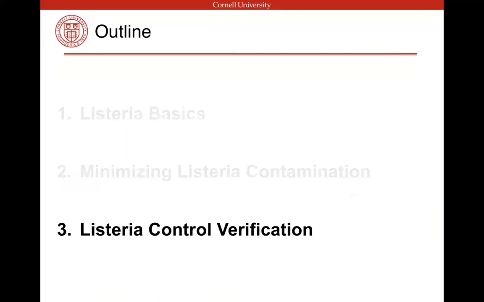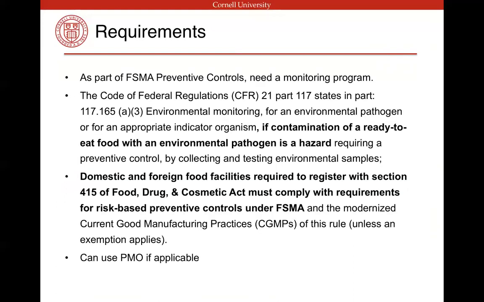So the last section of this webinar is about Listeria control verification. In terms of requirements, as part of FSMA preventive controls, food facilities need a monitoring program. So if contamination of a ready-to-eat food with Listeria, for example, is a hazard, then you need to do testing and environmental samples.